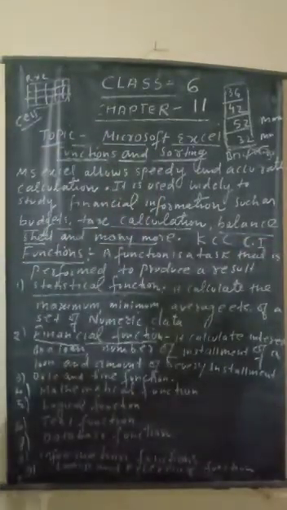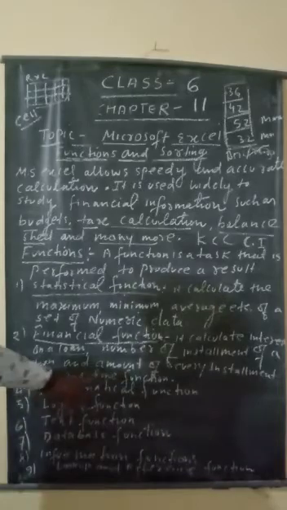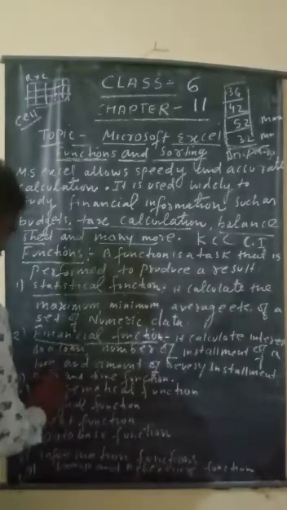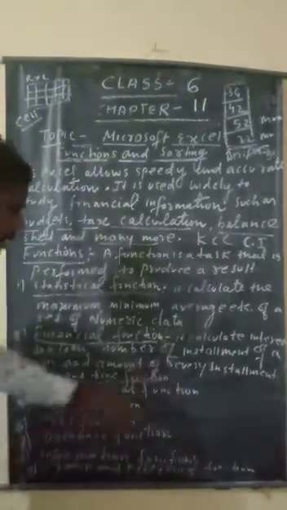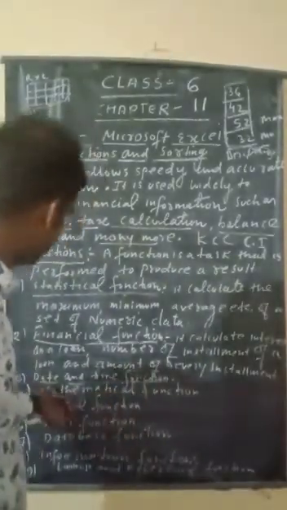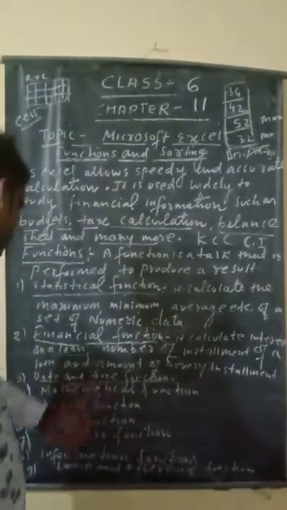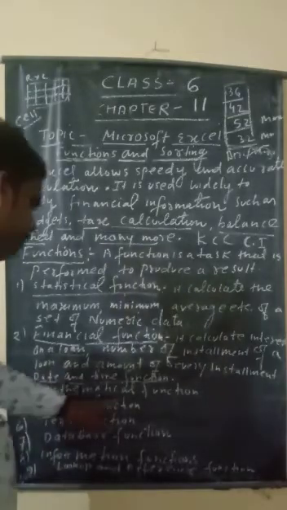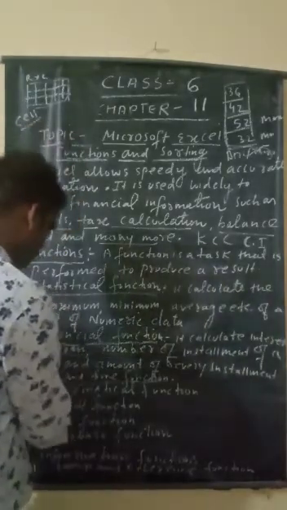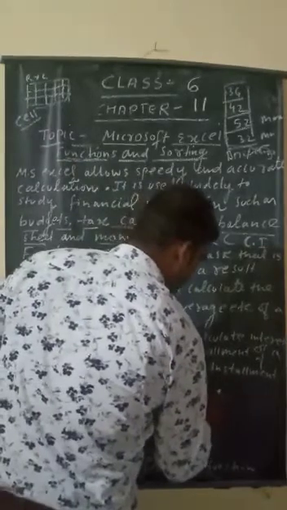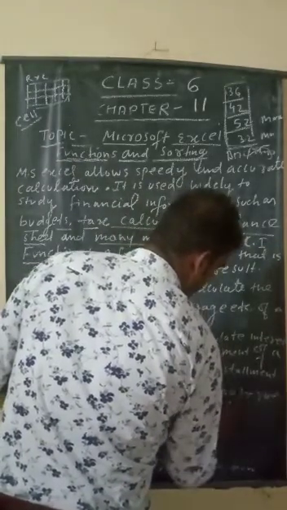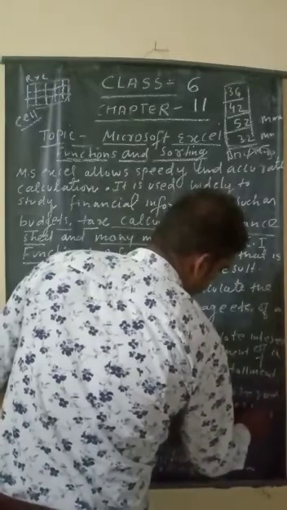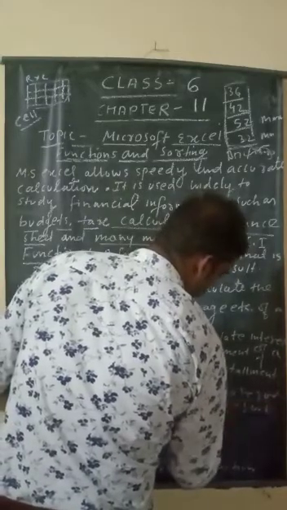Third one is the date and time function. In a date and time function, it gives you the date and time on the page, and you can do lots of work with them. Mathematical function: you can find the square root, cube root, and other mathematical work.